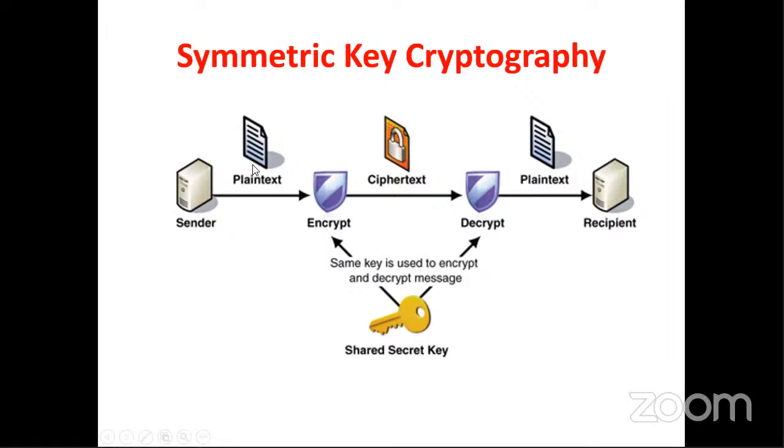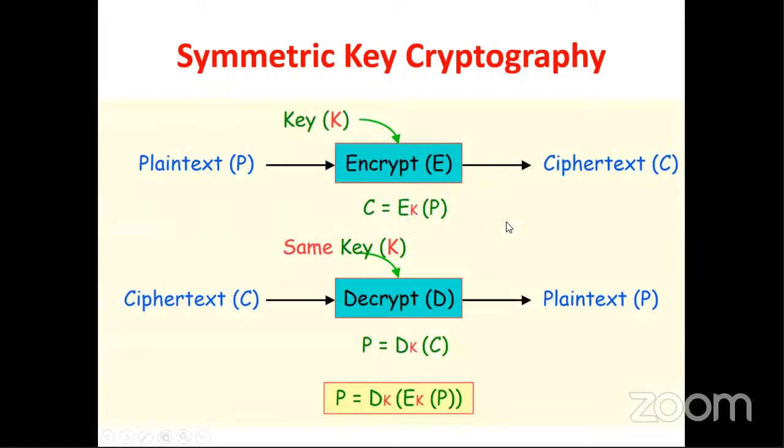We have seen DES and AES kind of ciphers, where the same key is used for encryption and decryption. And we have also seen the effect of Grover's algorithm on the exhaustive trial attack.